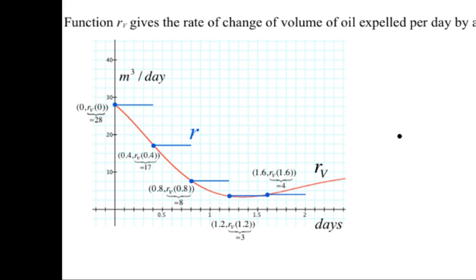And if we've got the exact rate function, why do we want this? If we've got the exact rate function, why in the world do we want this? Right? What's that? To estimate the volume that's already been expelled. Genevieve, what do you think?